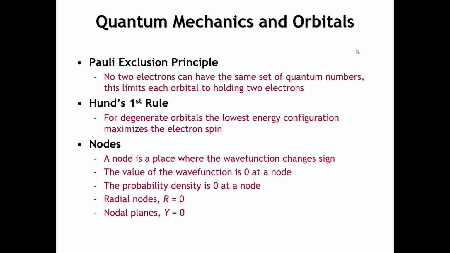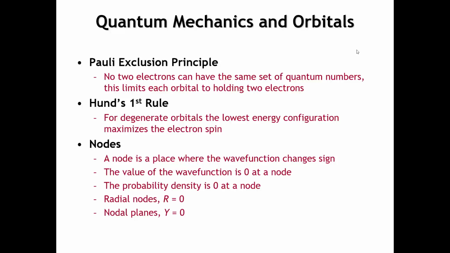So that tells us that we want to put electrons all with the same spin, and because of the Pauli exclusion principle, then it says we want to put those electrons in different orbitals. And the rationale behind Hund's first rule is that because the electrons repel each other, if we keep them with the same spin, that will minimize the interaction between electrons and hence their repulsion.